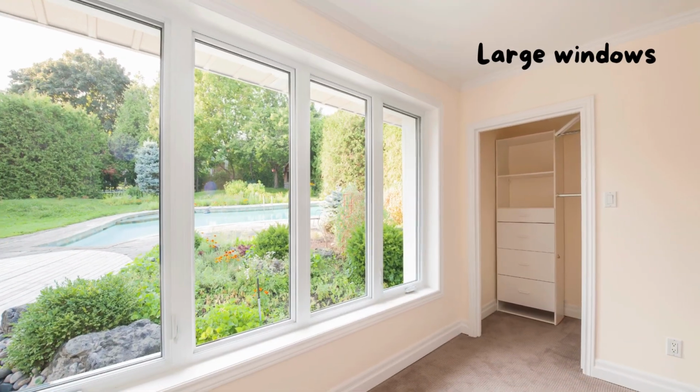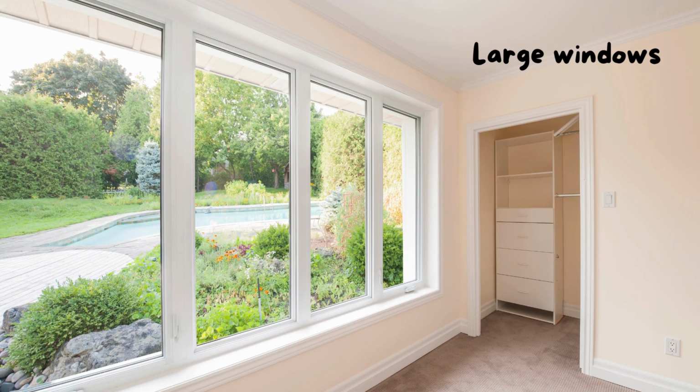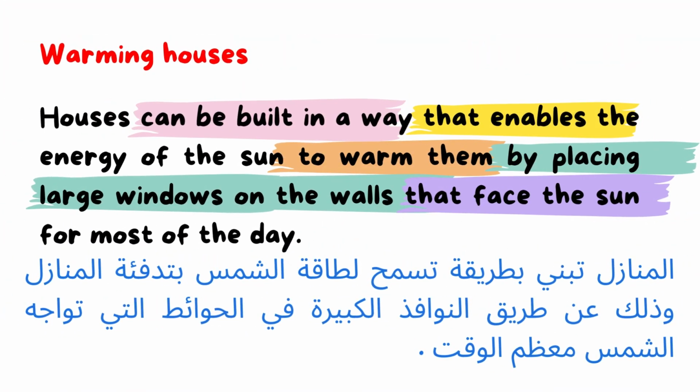Also, as you see here, these are large windows. What do they do? Yes, they allow the energy coming from the sun to warm the houses. So we can say houses can be built in a way that enables the sun's energy to warm the houses. How?